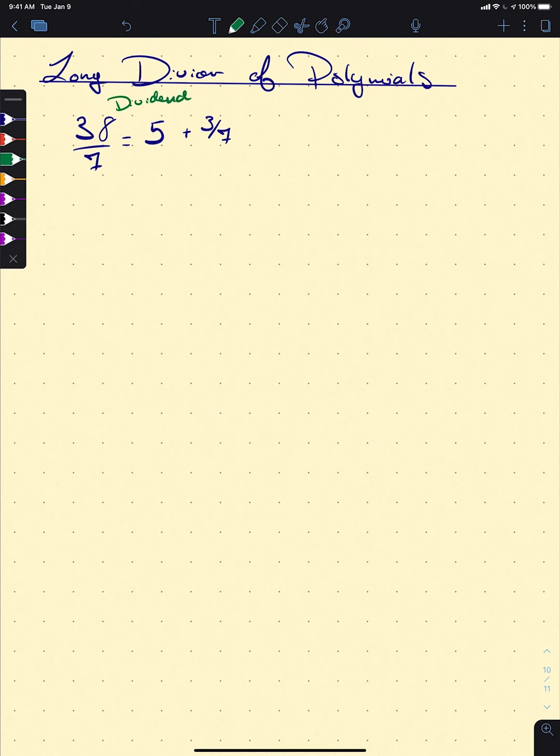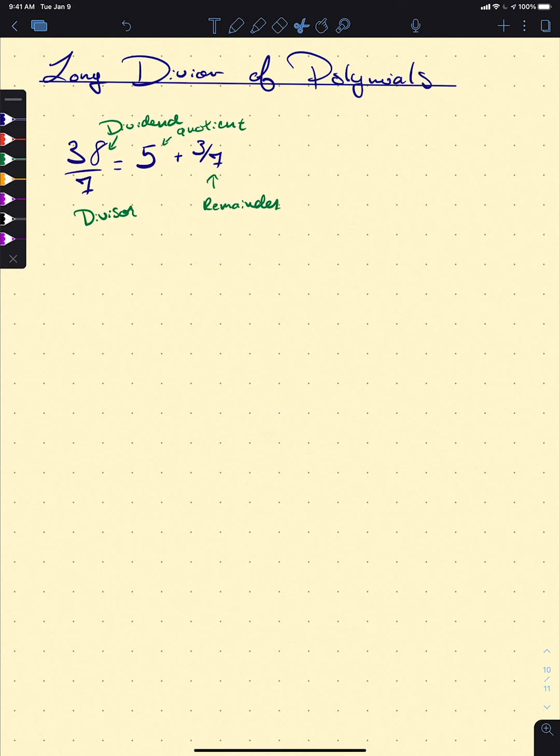We have 38 as our dividend, we have 7 as our divisor, 5 is known as the quotient, and 3 over 7 is our remainder.